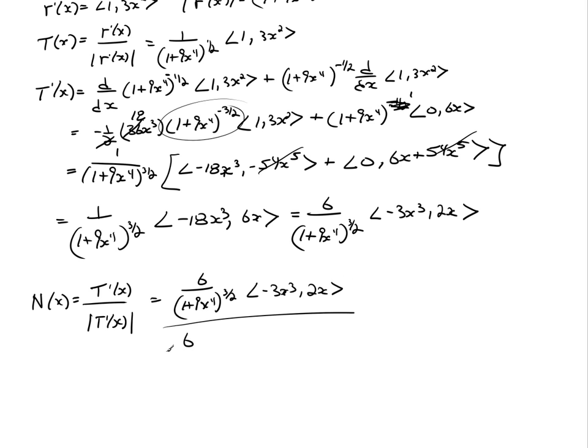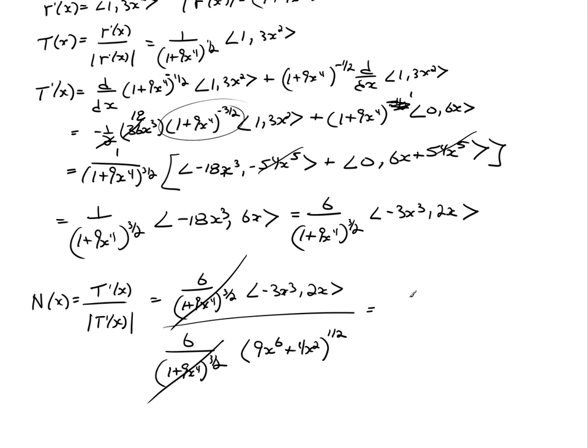So I'm going to have another 6 over (1 plus 9x to the 4th) to the 3/2, which is nice because that's just going to cancel out, times the magnitude of this. If I square this, I'm going to have 9x to the 6th plus 4x squared, and this is all to the 1/2. So there's my principal unit normal vector.